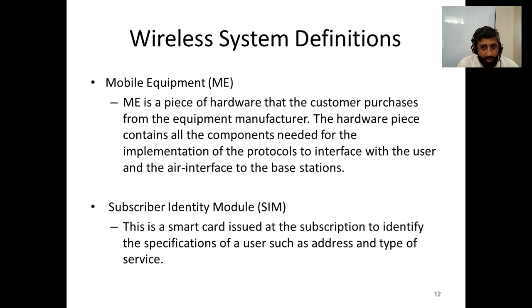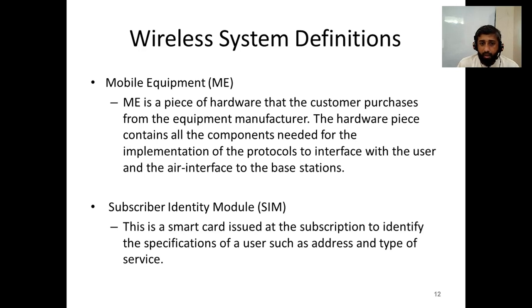Your mobile phone is actually your mobile equipment, because it contains all the necessary hardware circuitry, and has built-in all the protocols to provide the communication between the base station and the mobile station, as well as the capacity to provide an interface for user use.